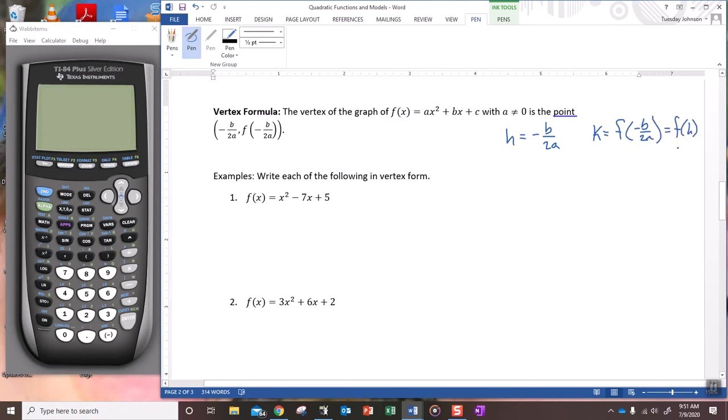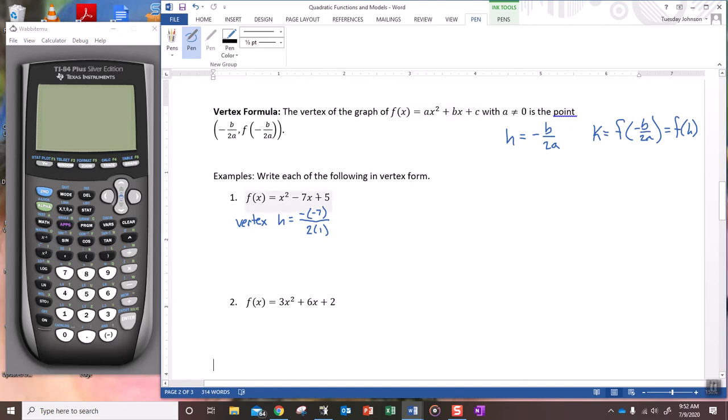Right? It's the y value that goes with that particular x value. So even in standard form, we could find the vertex pretty easily in order to possibly rewrite in vertex form. In this case, my vertex h will be negative negative 7 over 2 times 1, right?